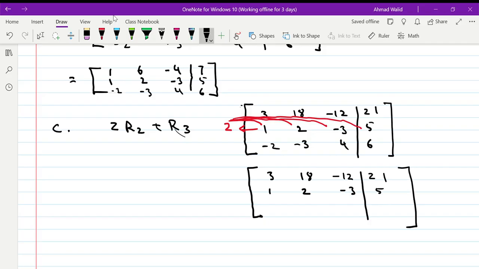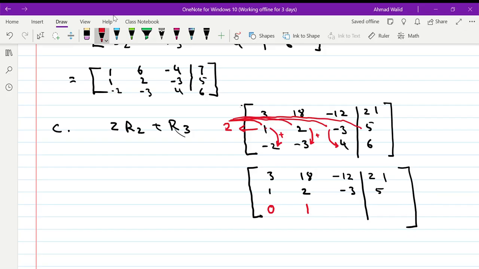Now, I'll change the color. 2 times 1 gives you 2, right? Add it in row 3. 2 times 1, 2. 2 minus 2 gives you 0, right? 2 times 2 gives you 4. 4 plus negative 3 gives you 1. 2 times negative 3 gives you negative 6.